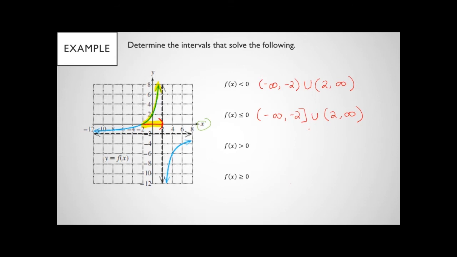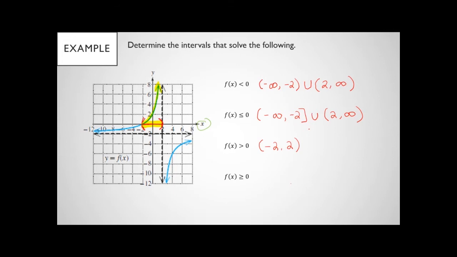And at -2, it's a 0. If we're greater than 0, then zeros are not included, so that's also going to be a parenthesis. So our intervals where our graph is above the x-axis is from -2 to 2 with neither endpoint included, because we can't actually touch an asymptote and the zeros are not included.